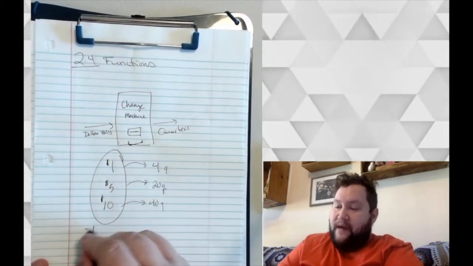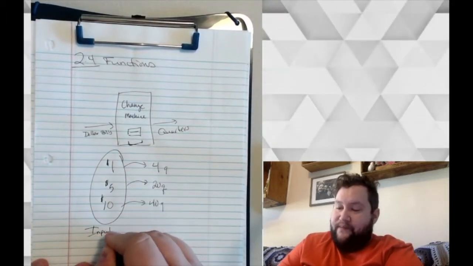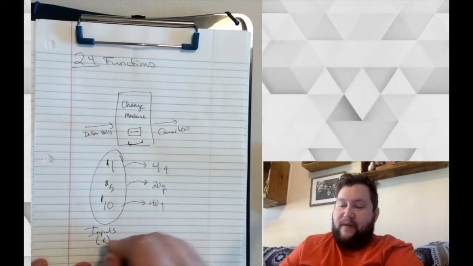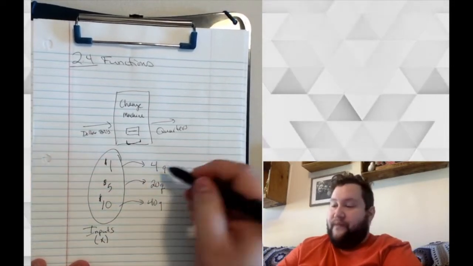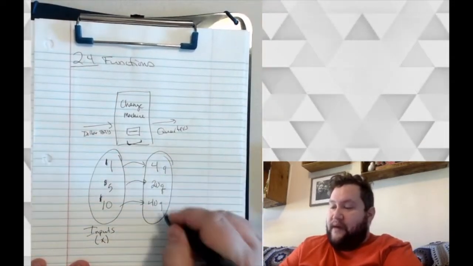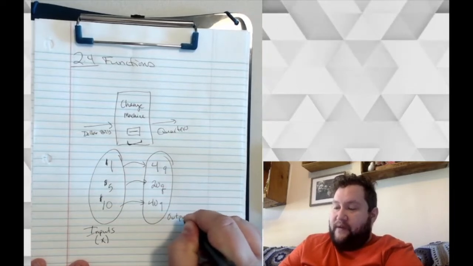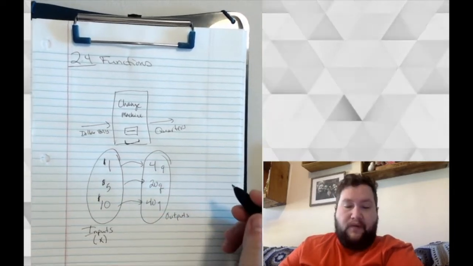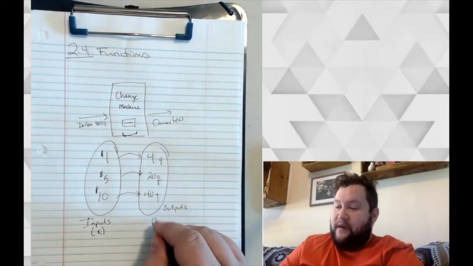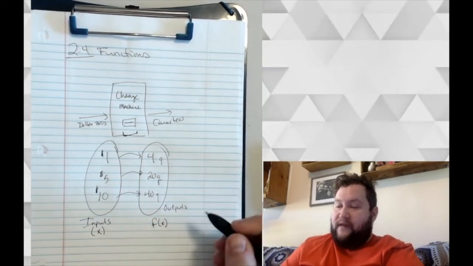So over here we have our inputs, which we're going to often represent with an x value. And here on the other side we have our outputs, which we're going to often denote f of x.